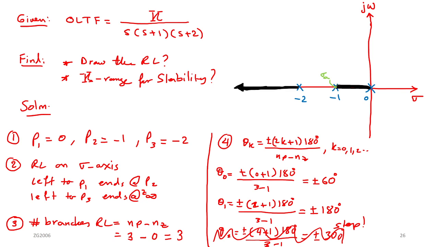So from here, we will draw the asymptotes. We have one asymptote plus 60. Is this like 60? No, it's like 45. Let me erase it. Okay, let me draw it again.